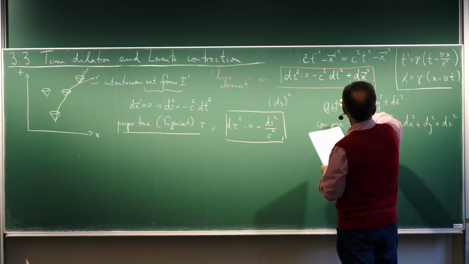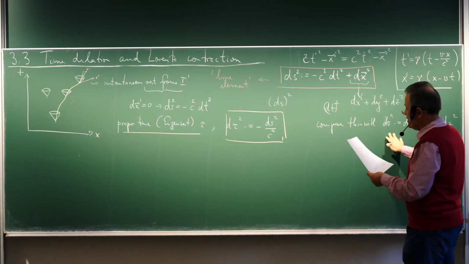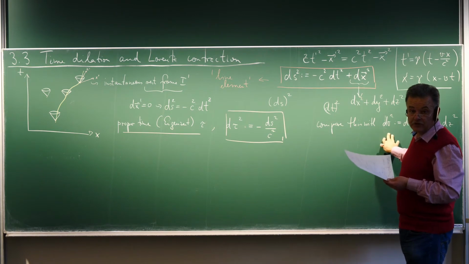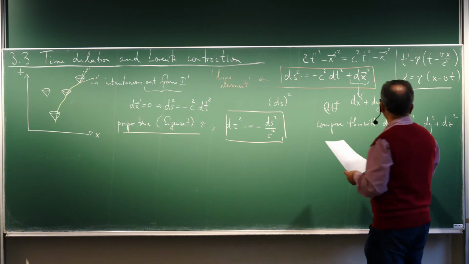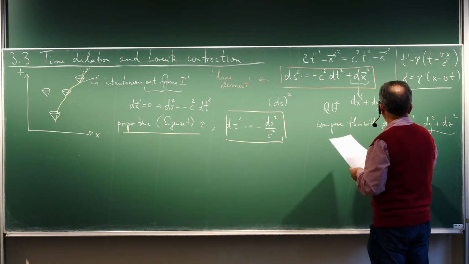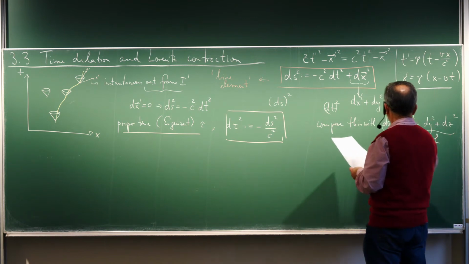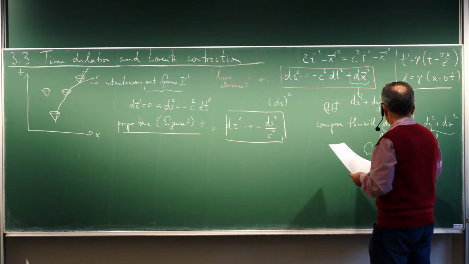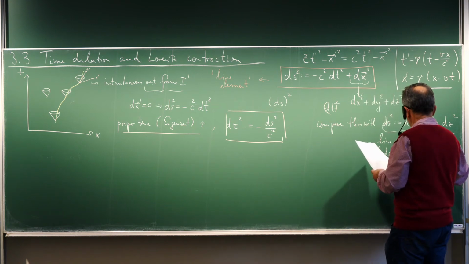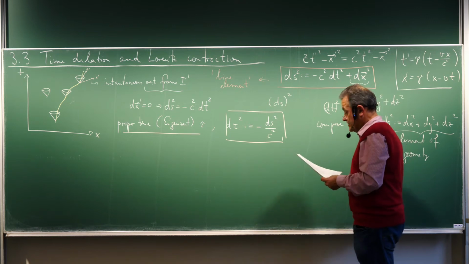Here I call it the x vector squared, but more precisely, this is the line element of Euclidean geometry, the infinitesimal version of Pythagoras' theorem.